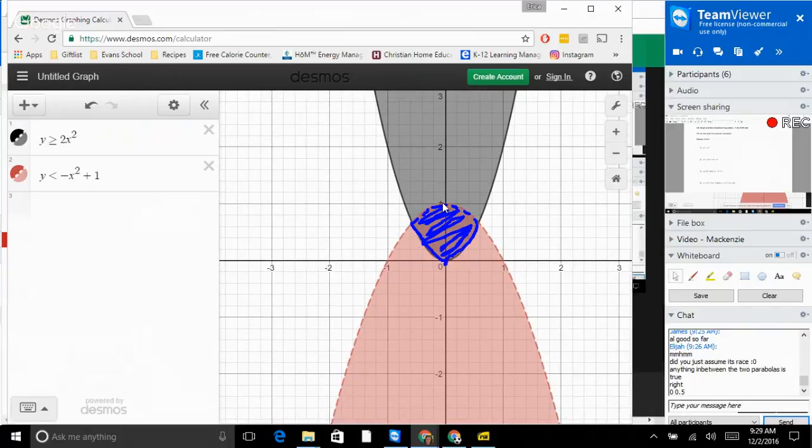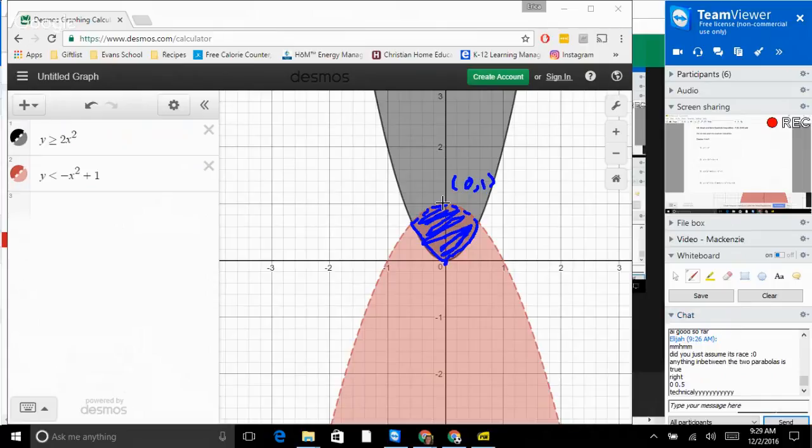So here's a question for you. What about when x equals 0, y equals 1? Is that a valid point for both of these inequalities? So this point at the top of the bottom parabola.